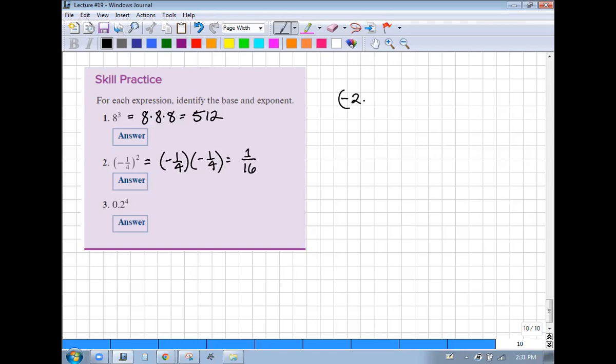Negative 2 cubed, with parentheses, is not the same as negative 2 cubed without parentheses. These parentheses mean take this whole thing and multiply it by itself 3 times. Okay. Actually, these do turn out to be equal, but unfortunately, I should do a different number.